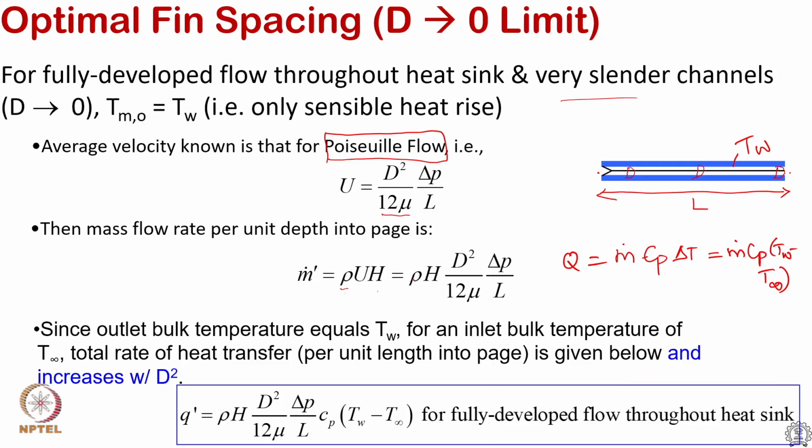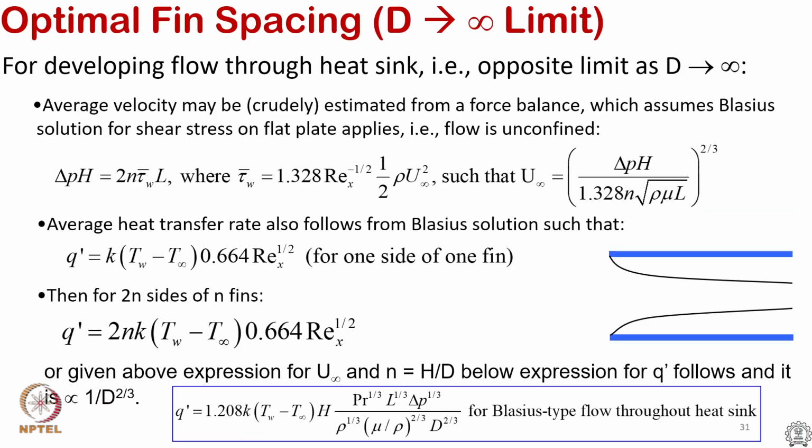And as you can see, if I plug this into the heat transfer rate per unit depth, I get an expression where Q prime is proportional to D square. So, what this says is that for the fully developed flow limit, as I increase the D, I get better heat transfer rate. So, this is the fully developed flow limit, and then we go to the D tending to infinite limit.